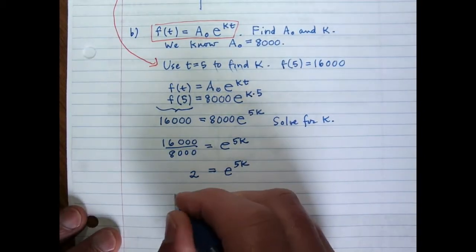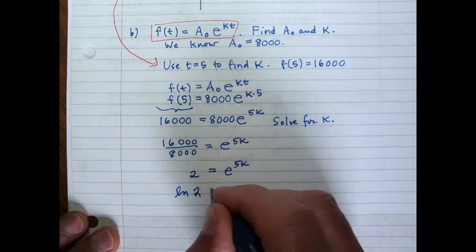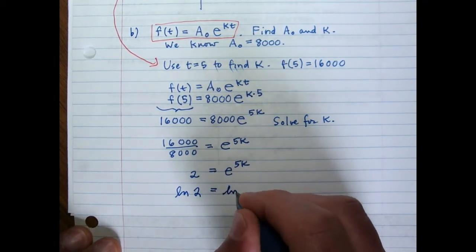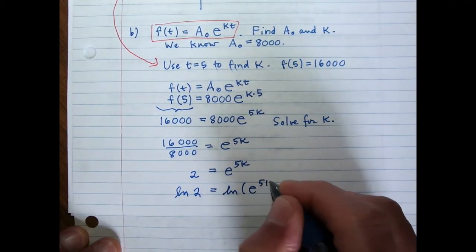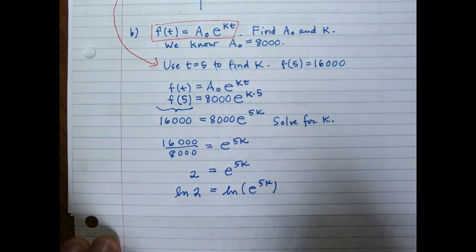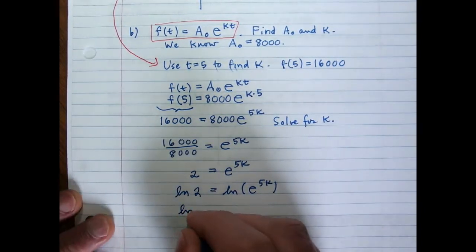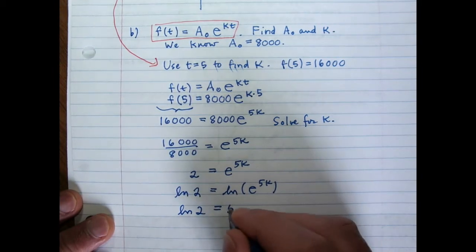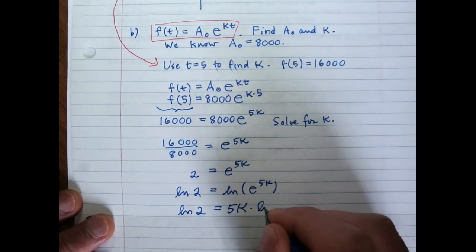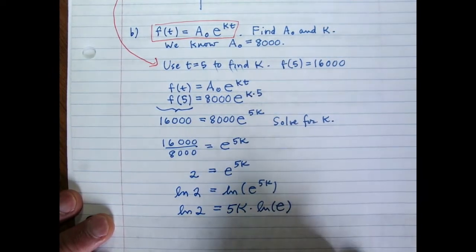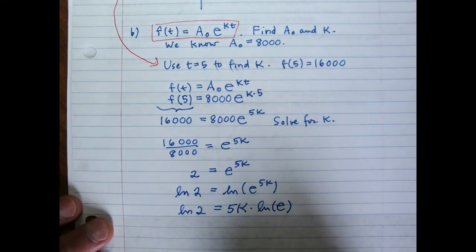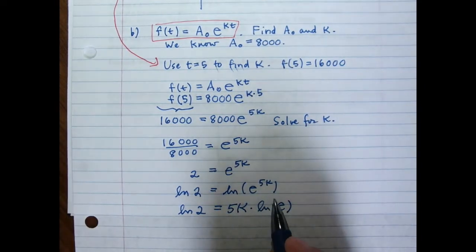And so now I can take ln of both sides. Ln of 2 equals ln of e to the 5k. So ln of 2 equals 5k times ln of e. That's by the third law of exponents.